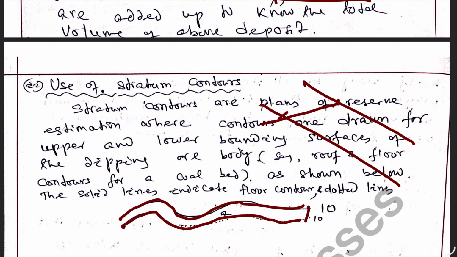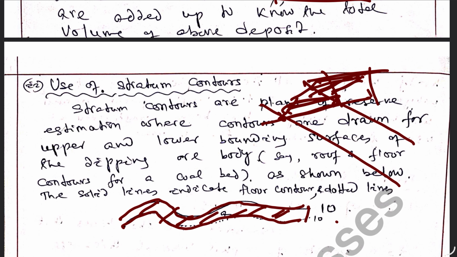In this manner, the ore body is occurring like this. So it is being projected, the line will come up, and this is also projected, the line will come up like this. So this is the area at a depth of 10 meter through the whole body.